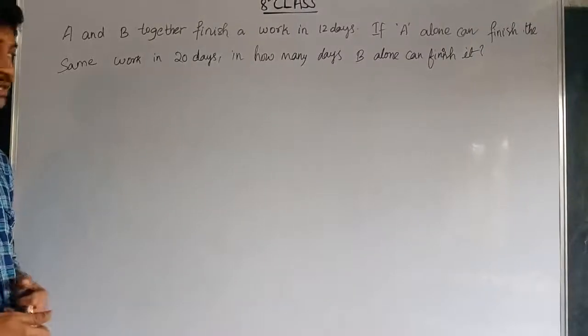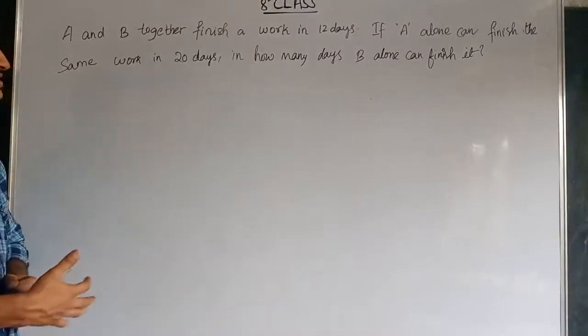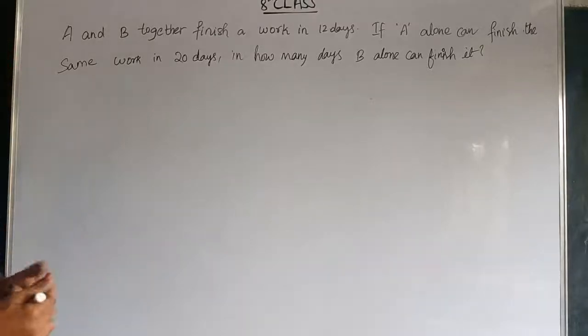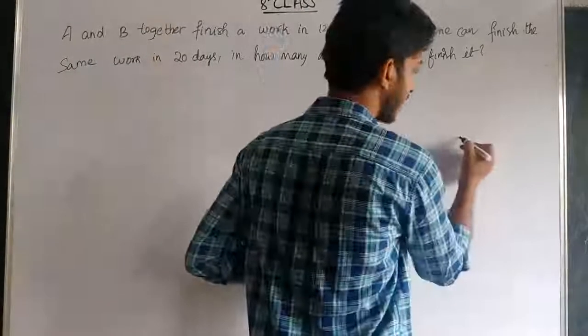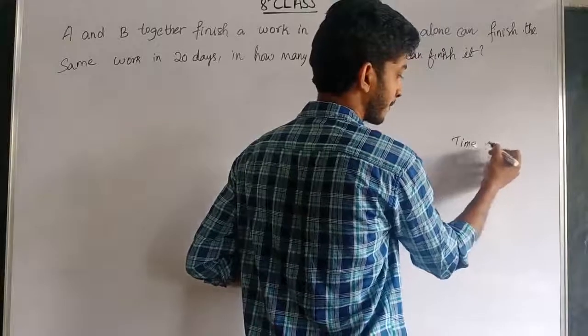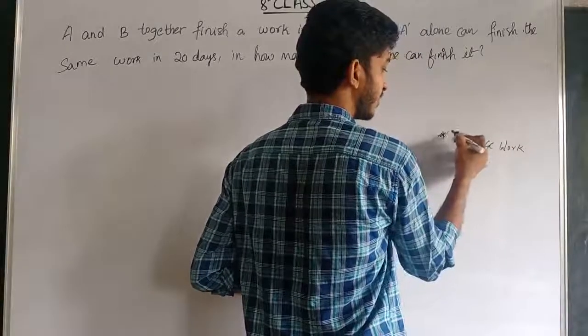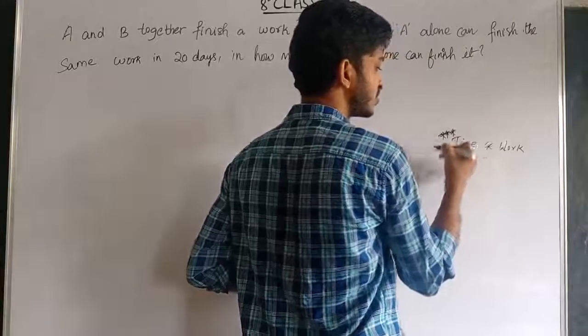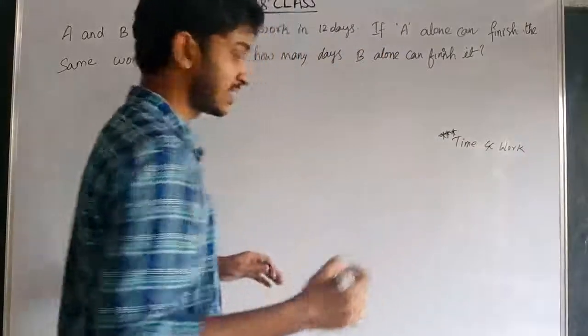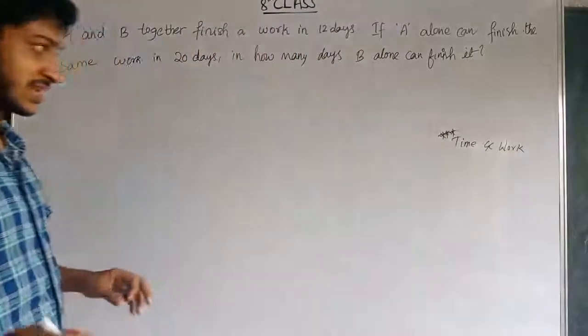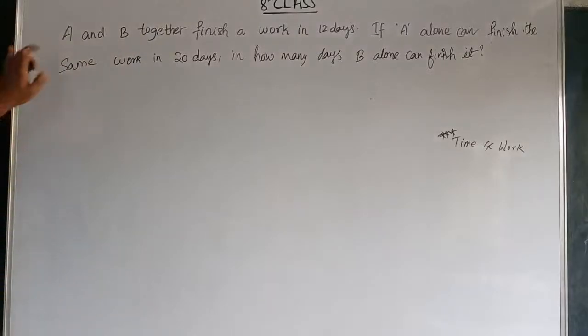Okay children, see here, this is a problem related to time and work. This topic is very important in general aptitude. So listen carefully. How to solve? A and B together finish a work in 12 days.